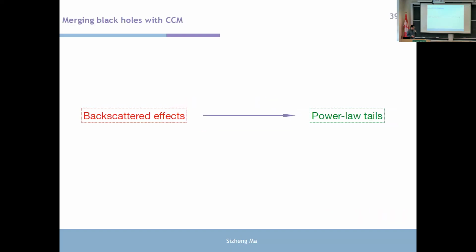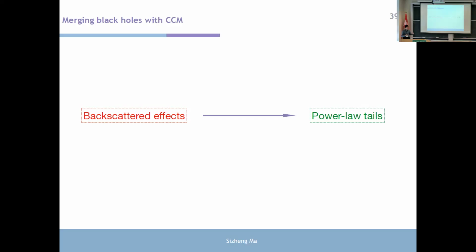After my years of development, right now this CCM has become a quite mature method, and we can use CCM to merge binary black holes quite routinely. Below, I'm going to show you an important application of CCM, which is to reveal late-time power law tails.